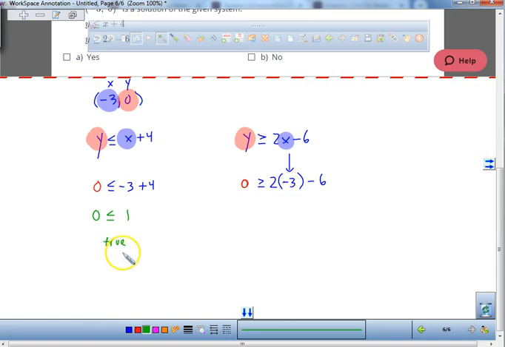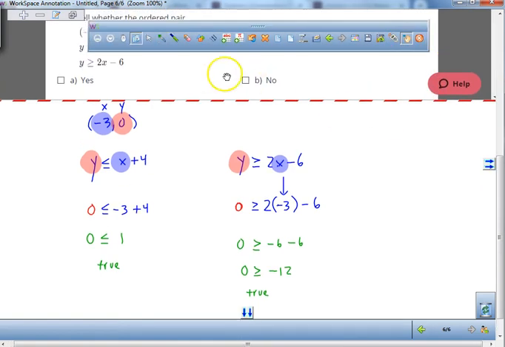Over here, is 0 greater than or equal to 2 times -3, which is -6, and -6 minus 6 more is -12? Is 0 greater than or equal to -12? Is that a true statement? It is. They are both true statements. Because they are both true statements, I can say, yes, this is considered to be a solution.